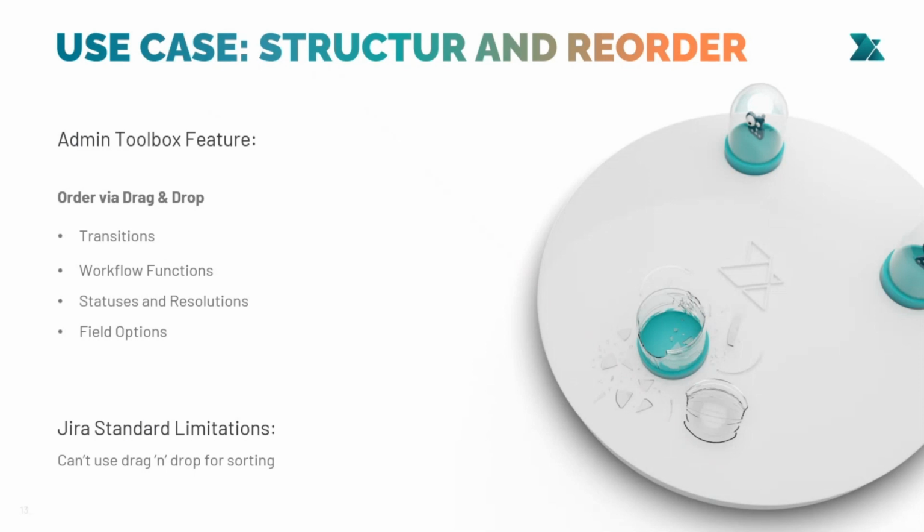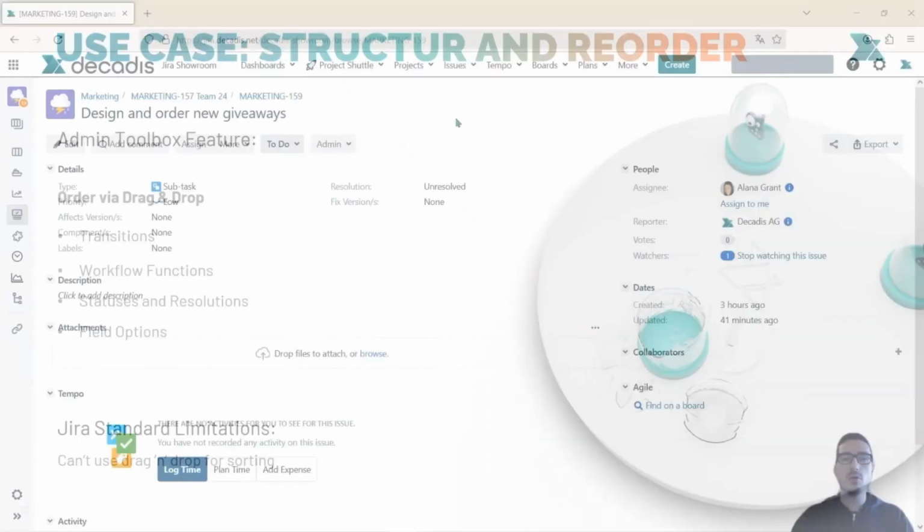In a standard Jira, this would not be possible. You had to use these small arrows to only jump one element, one entry higher, or jump to the top or the bottom. Let's continue.